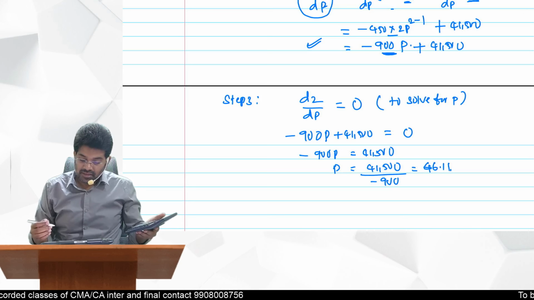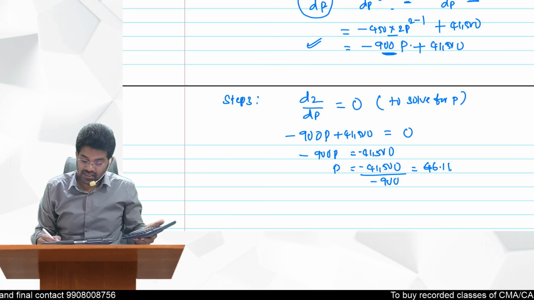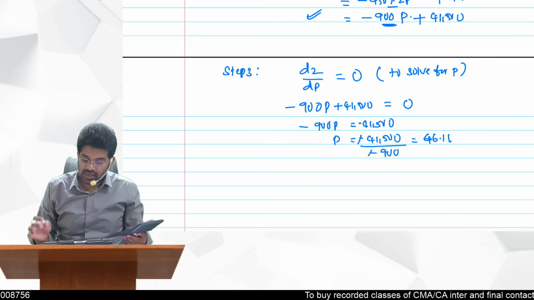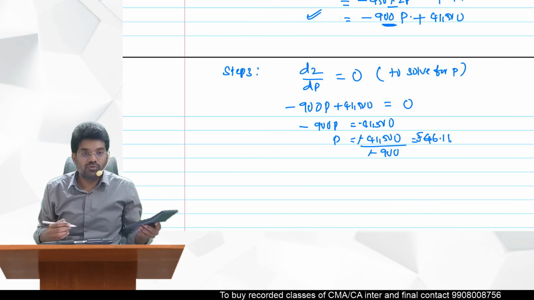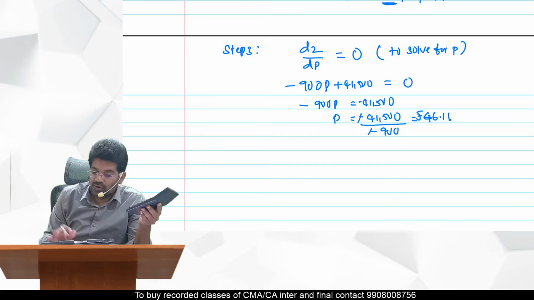Minus 900P, this is minus, this is also minus, so both will get cancelled. Now it is positive only, 46.11. P we got 46.11. What is this price? In terms of rupees it should be. So we got the P value.